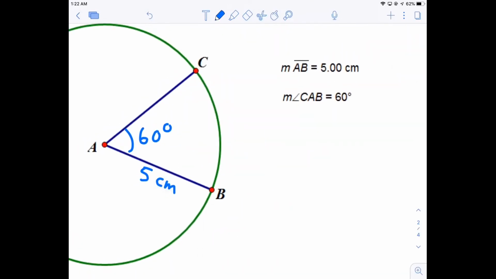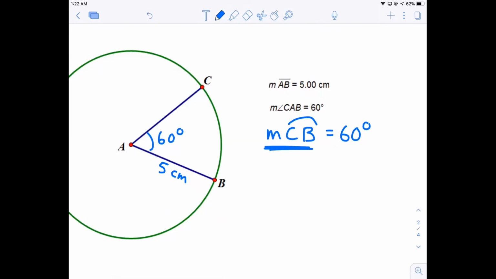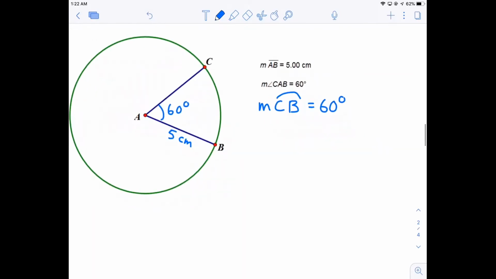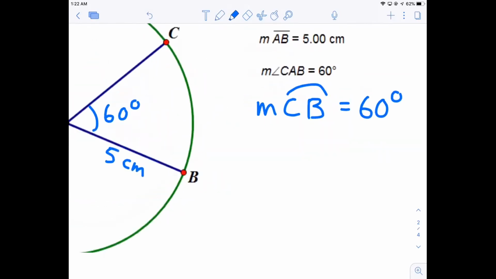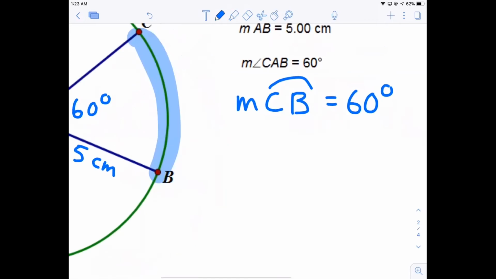All right, so what we can say is that the measure of arc CB is also equal to 60 degrees. That's notation for arc degrees, or the degree measure of an arc. We use the letter M. But the arc length refers to the actual length of CB, and you can use an L for the length of CB.